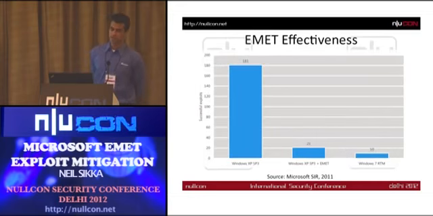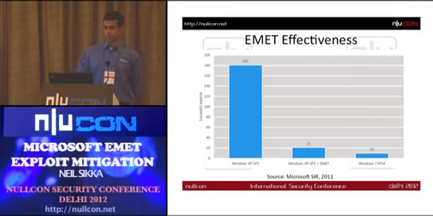So here's the effectiveness of EMET in a study of 100. As you can see on the bottom, in the first column, Windows XP Service Pack 3 had 181 successful exploits in our test. And all we did was enable EMET on Windows XP Service Pack 3, and it dropped drastically from 181 exploits that worked to 21 exploits that worked.